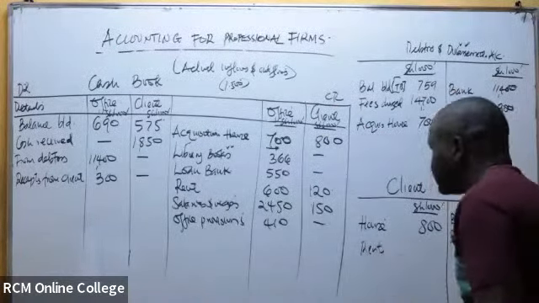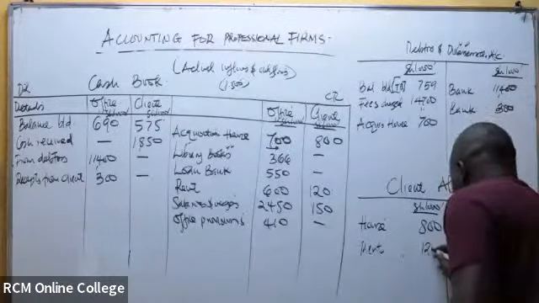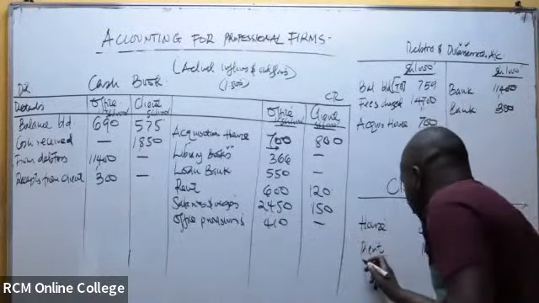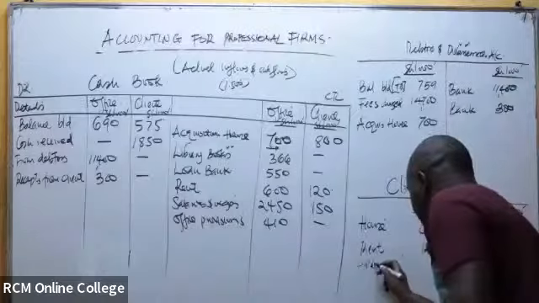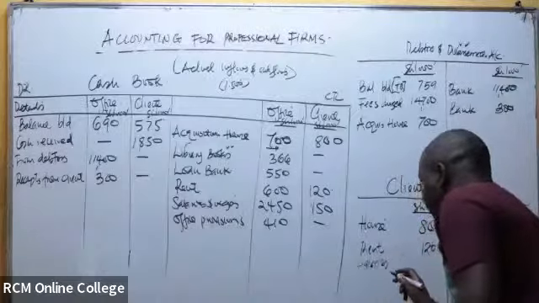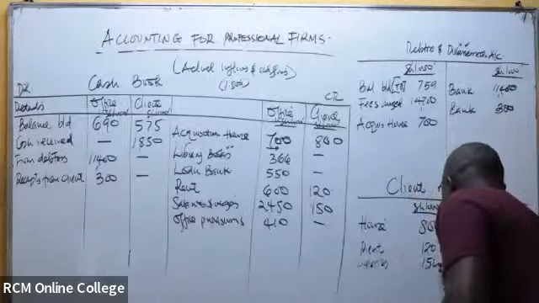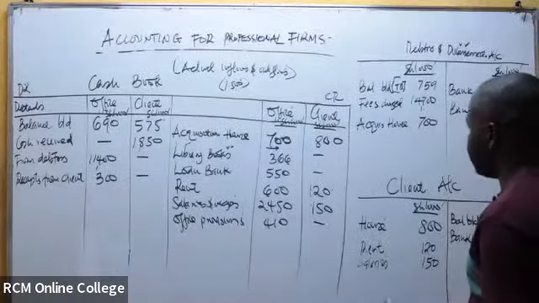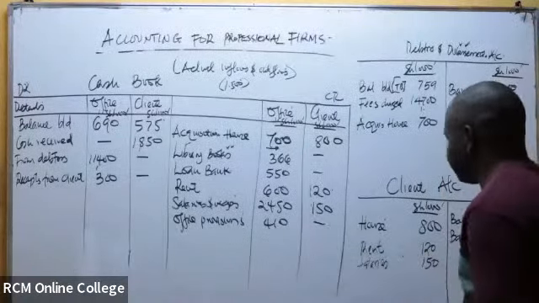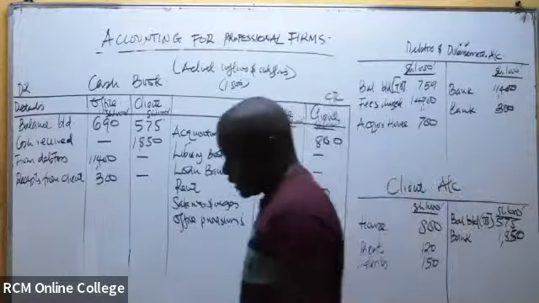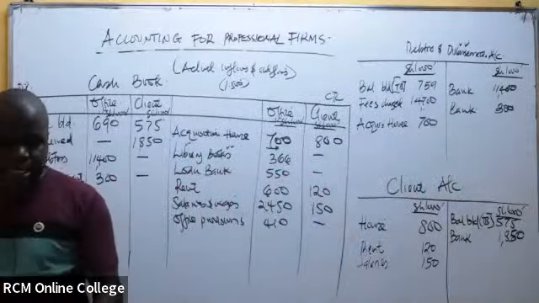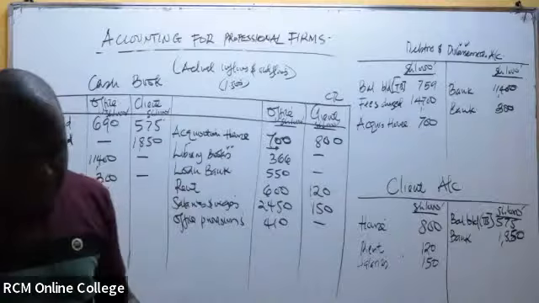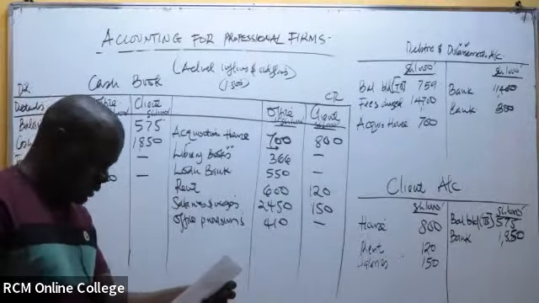So we have rent, an amount of 120. We have salaries and wages, which they also paid on behalf of the client. They paid it from his account and helped him pay the salary. How much? 150. So we debit it here and we would have completed that. So that is note number 7.